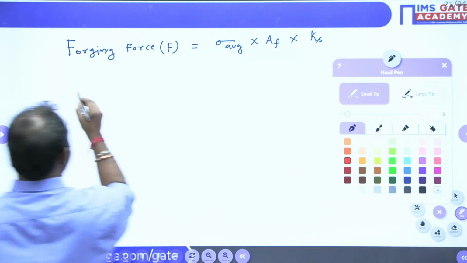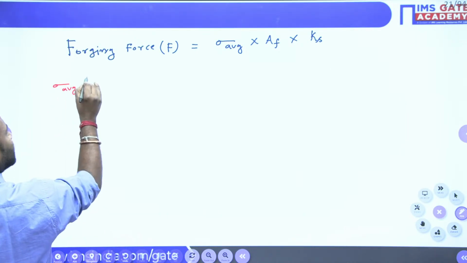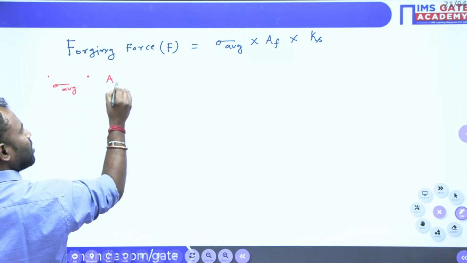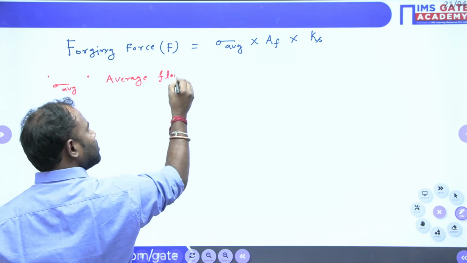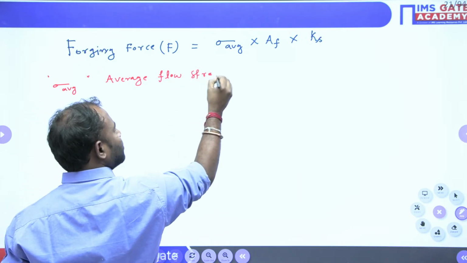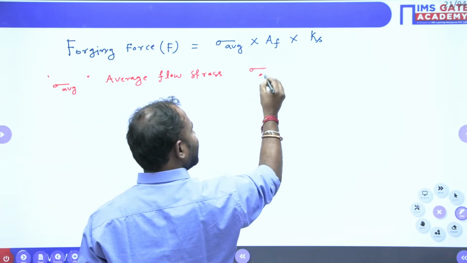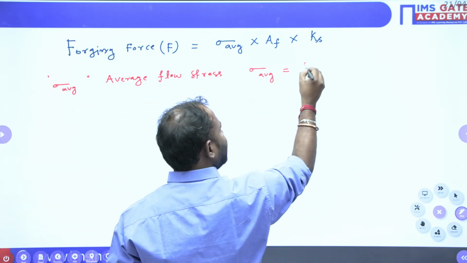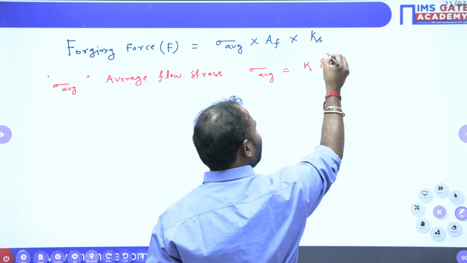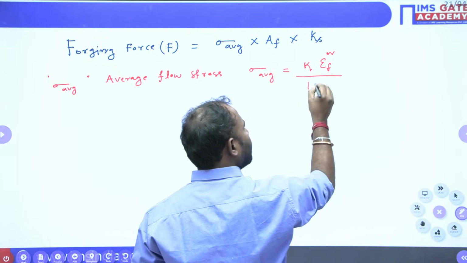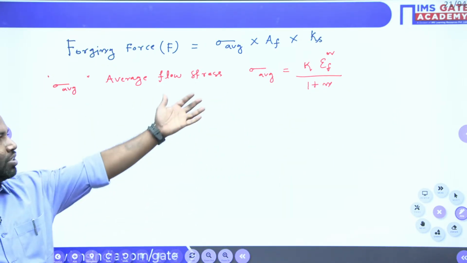I can write sigma average is equal to K into epsilon F whole power n, divided by 1 plus n. Like that, you are supposed to calculate your sigma average.